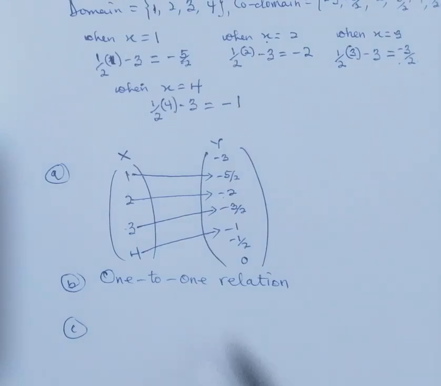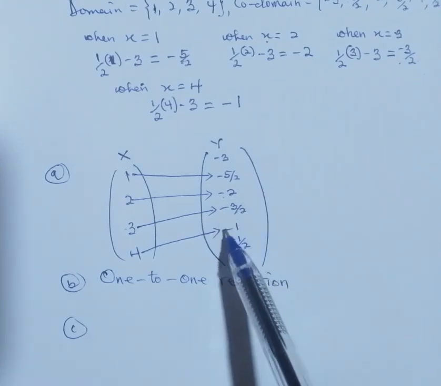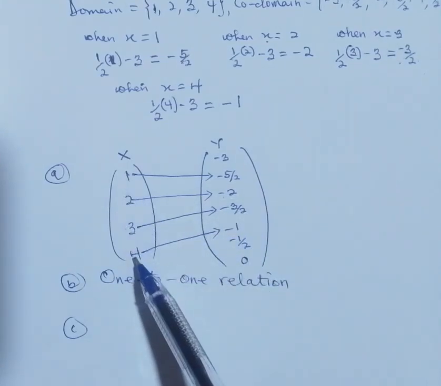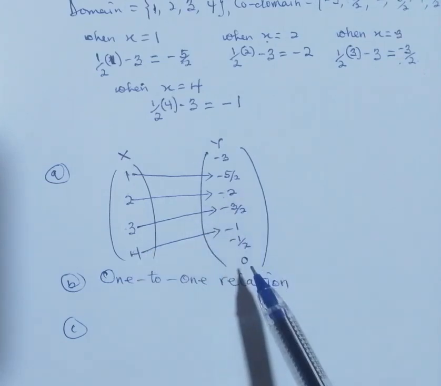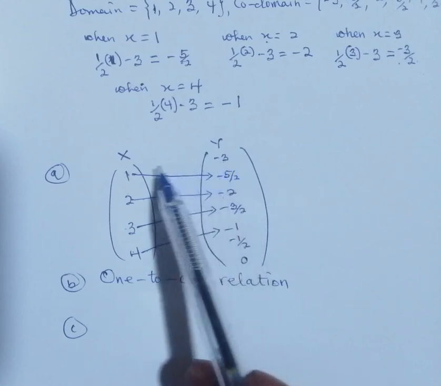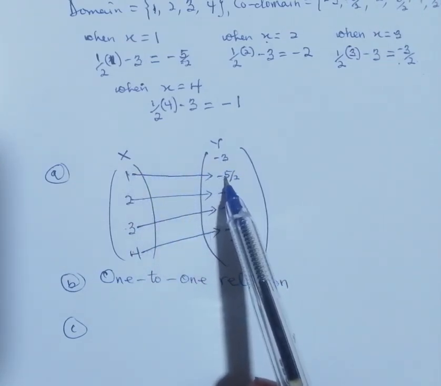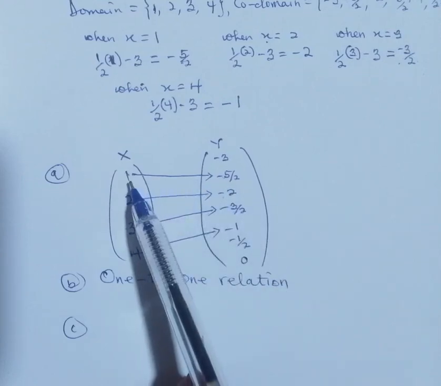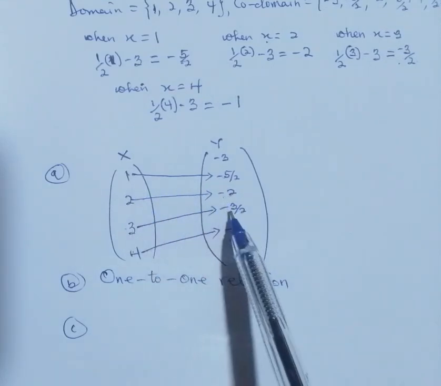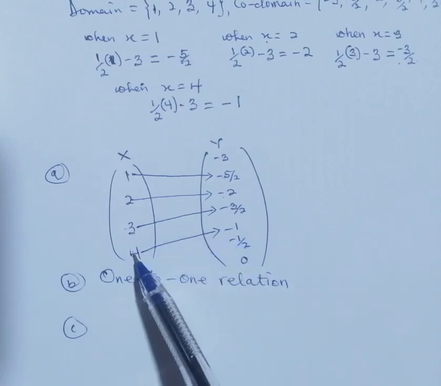So if you look at the elements in the codomain, those that correspond to elements in the domain are our range. Let's look at -3. You realize that -3 doesn't have any element. Negative 5 on 2 has 1. Negative 2 has 2. Negative 3 on 2 has 3. Negative 1 has 4.